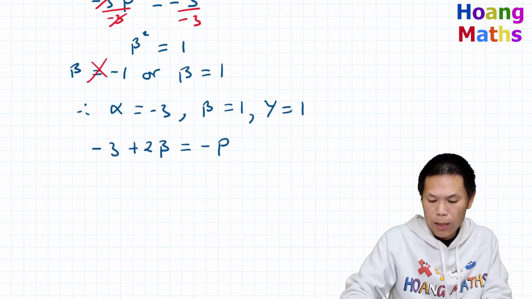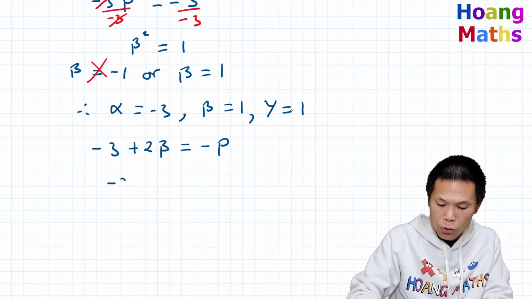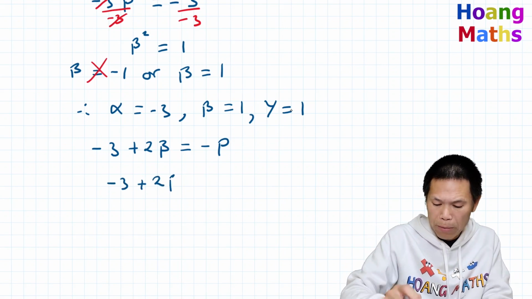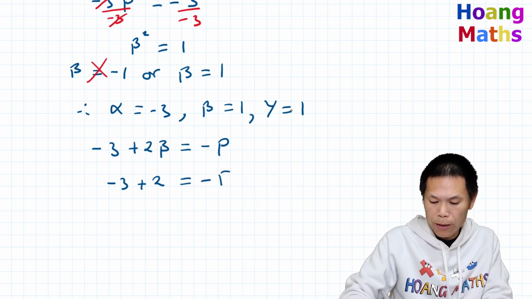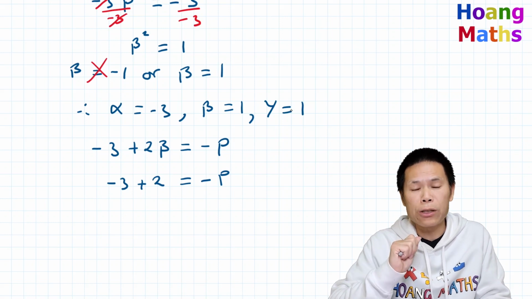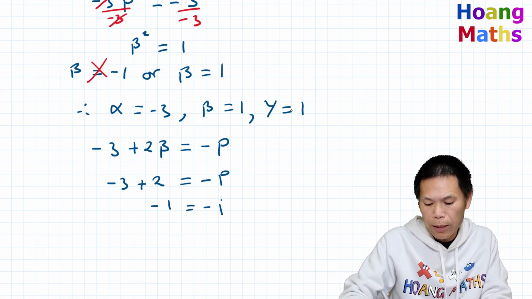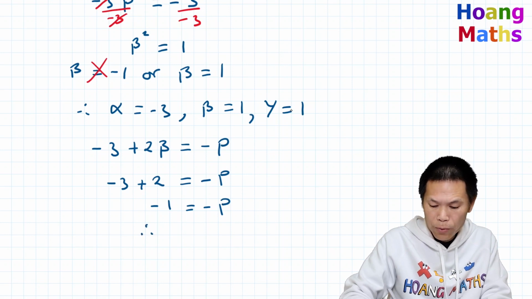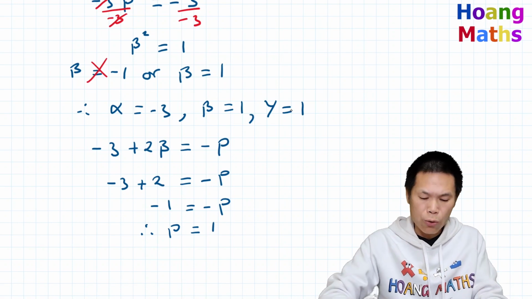Therefore, beta is equal to 1, so negative 3 plus 2 times 1, which is 2, equals negative p. Negative 3 plus 2 is negative 1, so negative 1 is equal to negative p. Therefore, p is equal to 1. So there you go, p is equal to 1.